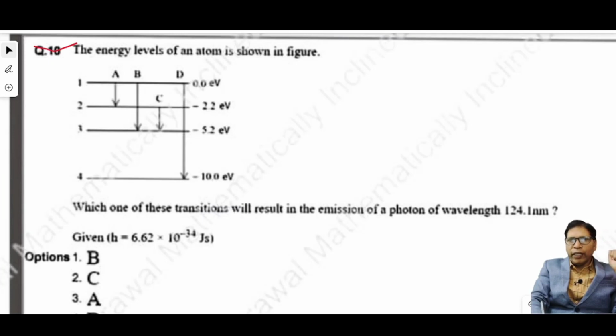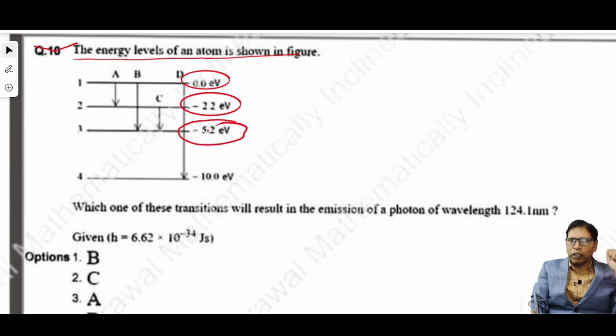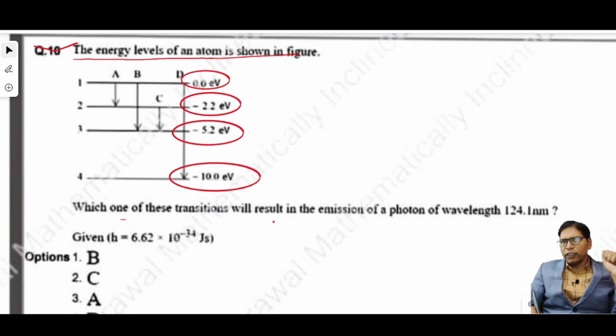Okay. Now, question number 10. The energy level of an atom is shown in the figure. Look at this. This is the zero energy. This is minus 2.2 electron volt. This is minus 3.2 electron volt. And this is 10 electron volt. Now, which one of the transitions will result in the emission of a photon of wavelength 124.1 nanometer? Now look at this.